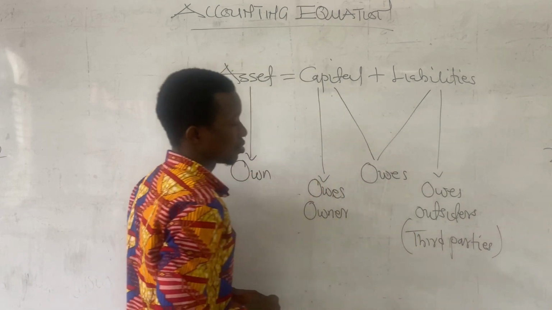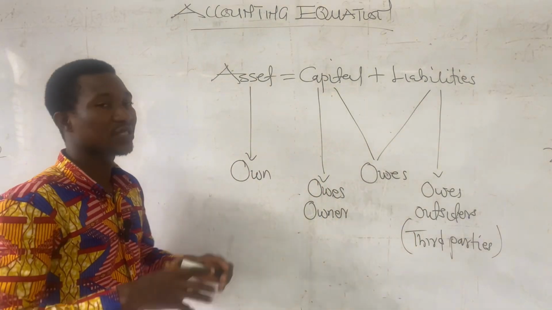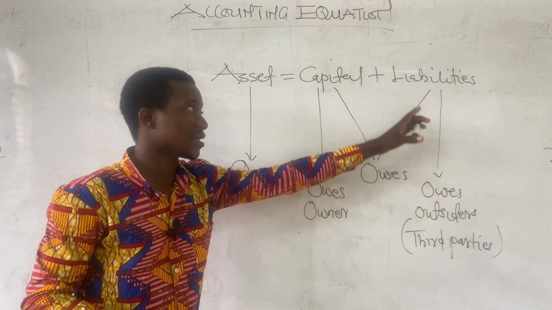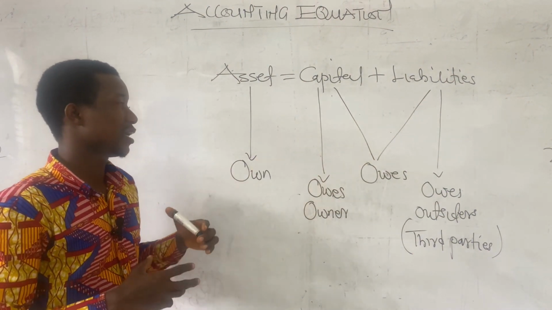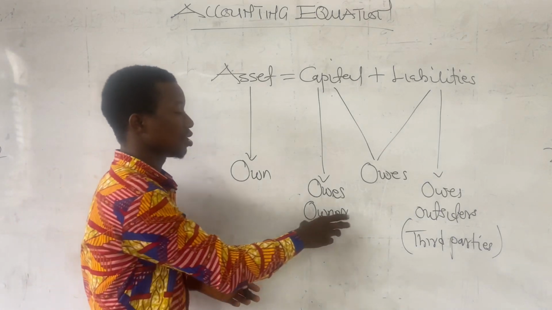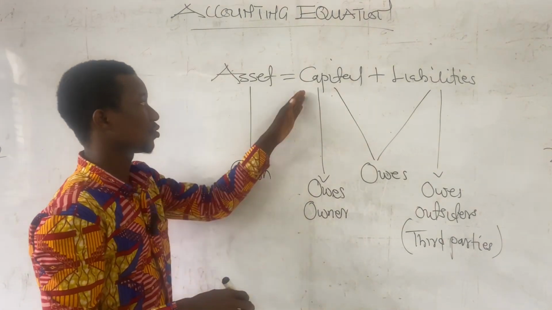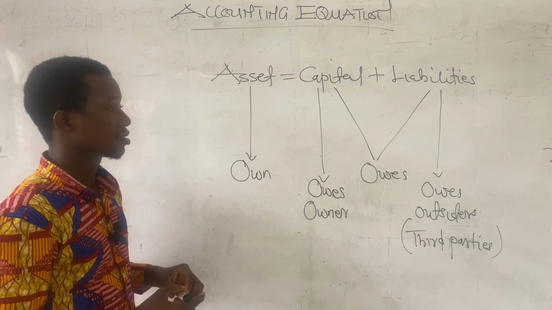Is that okay? So if the business owes any amount to third parties, that is a liability. And if the business owes any amount to the owner or owners of the business, that is what we call the capital of the business.